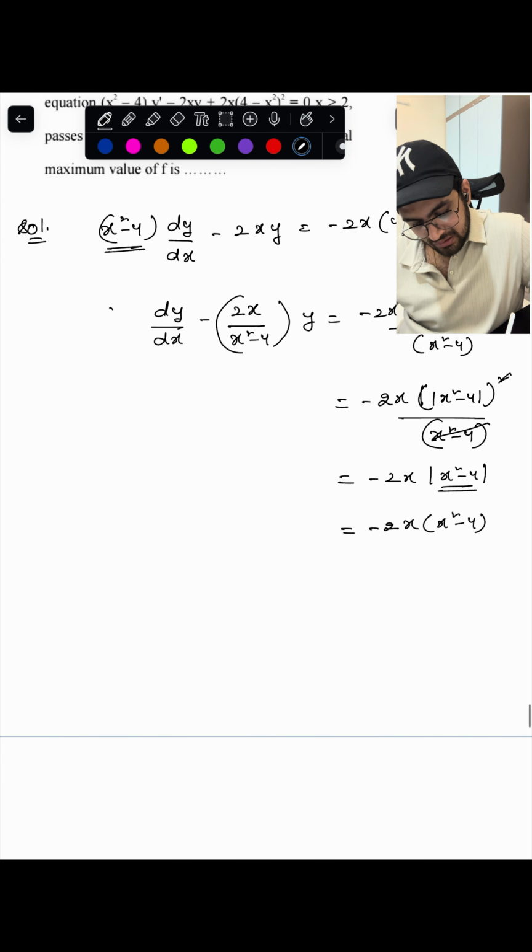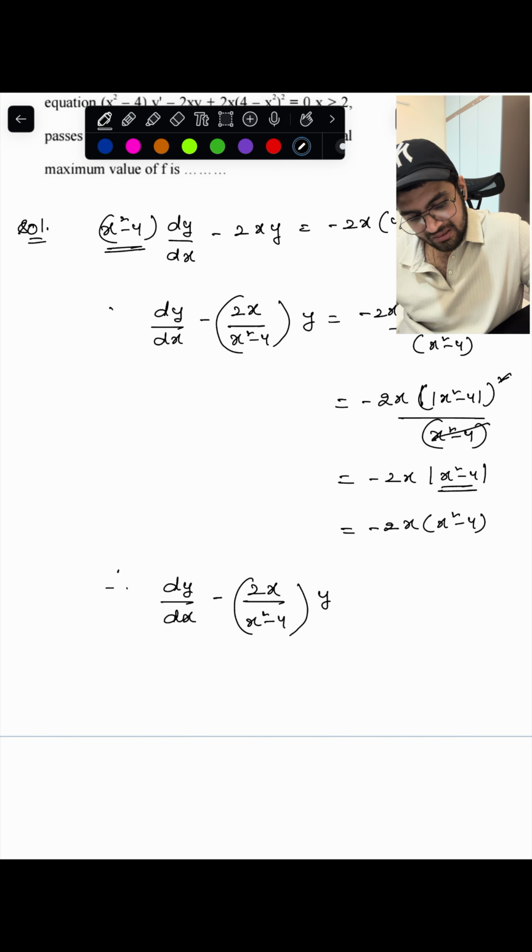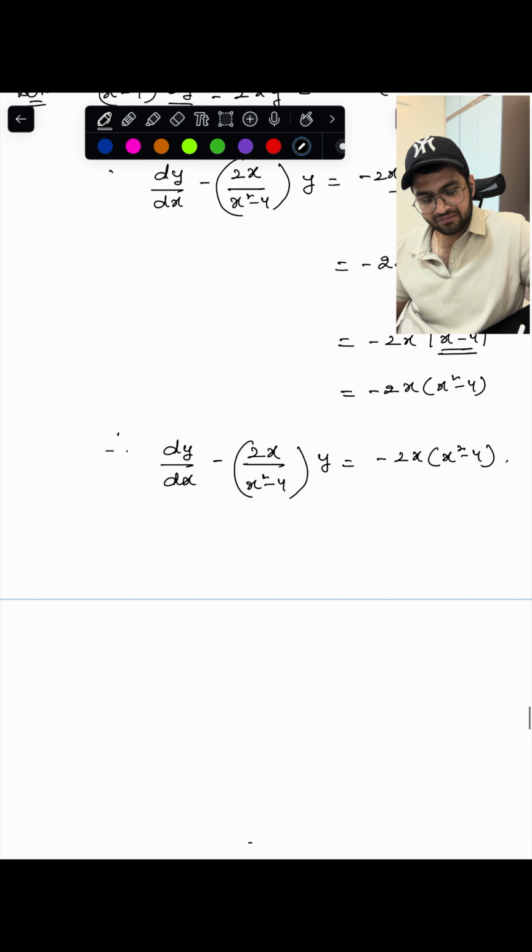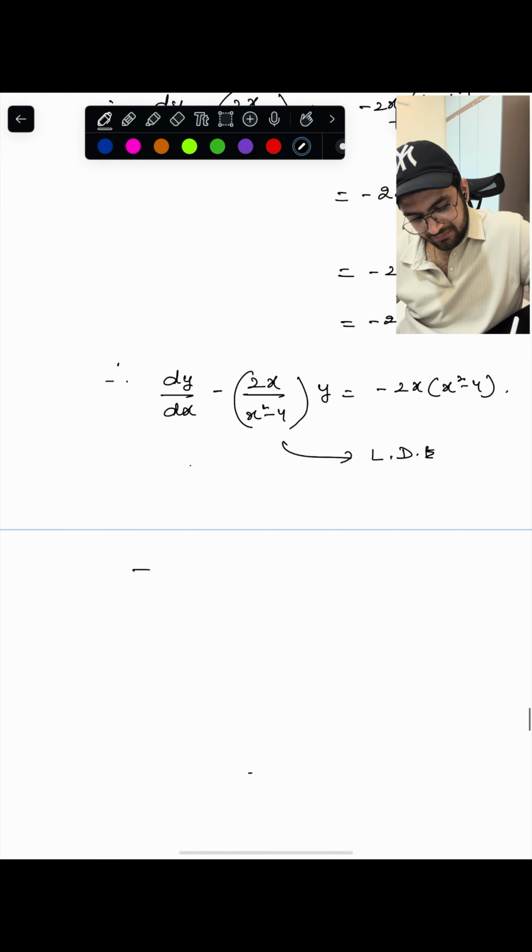So finally the equation looks like this: dy/dx minus 2x/(x² − 4) times y equals minus 2x into (x² − 4). So it's clearly a linear differential equation. Let's find out the integrating factor over here: e power integration of minus 2x/(x² − 4) dx.